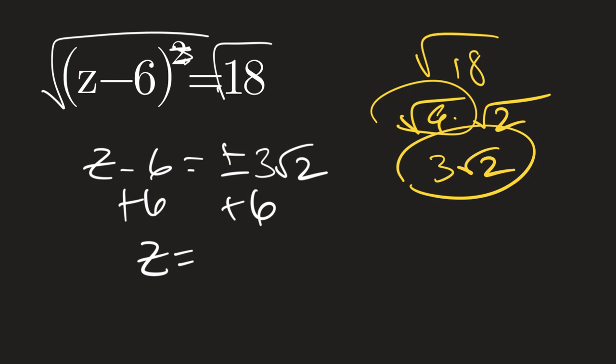The 6 and the plus minus 3 root 2, those terms are not like. Okay? So here's how we're going to have to write this. This is the best we're going to do for this answer. We're going to go 6 plus or minus 3 root 2.